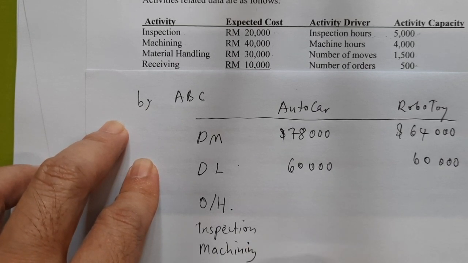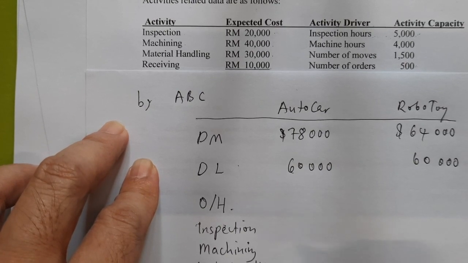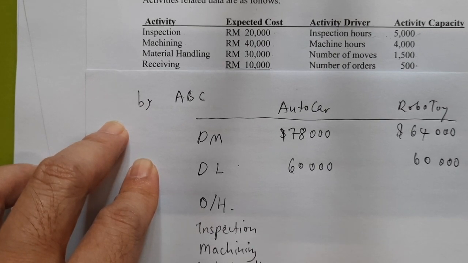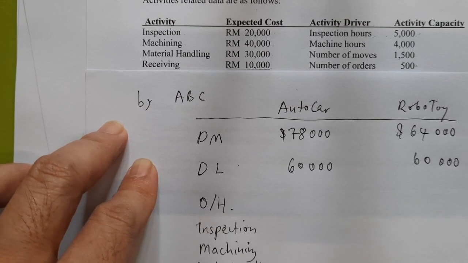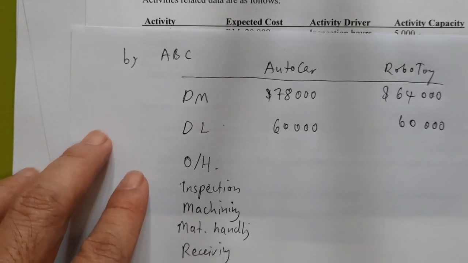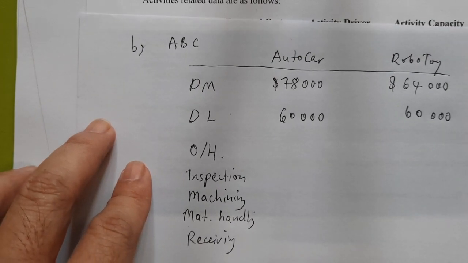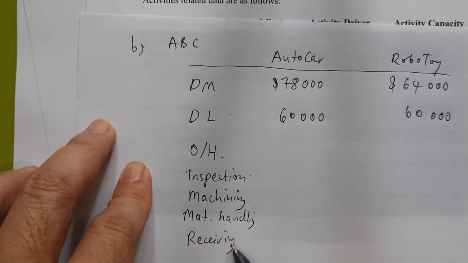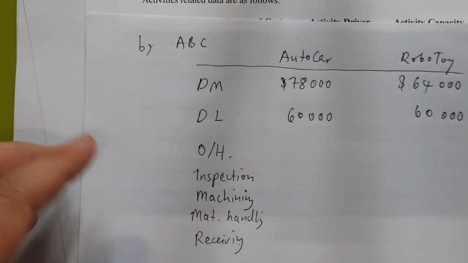The third activity is material handling, and then number 4 is the receiving activity. Okay, 4 activities for each product: inspection, machining, handling, and receiving. That is the first step. You have to identify the activity.